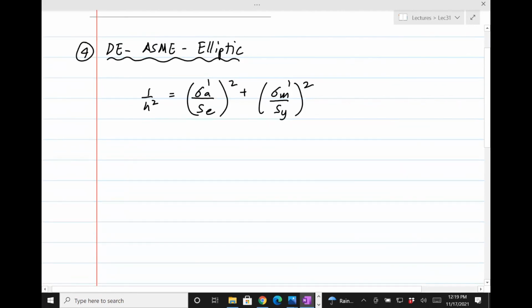And then again, let's call it 4 first. And then again, the same thing, which is substitute 1, which is the equation for sigma a prime, sigma m prime in 4.